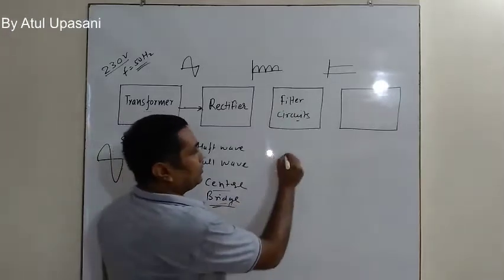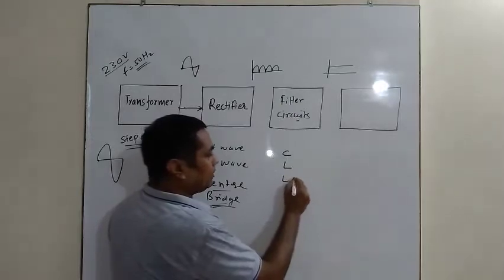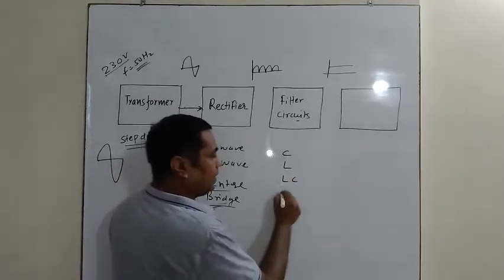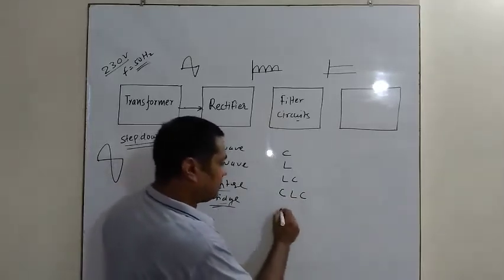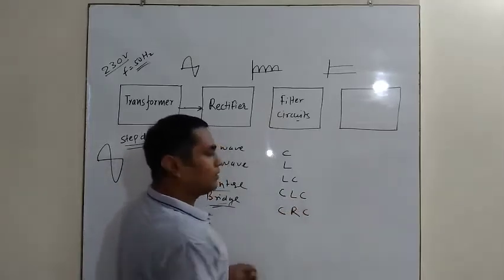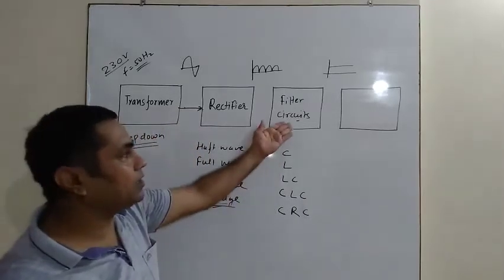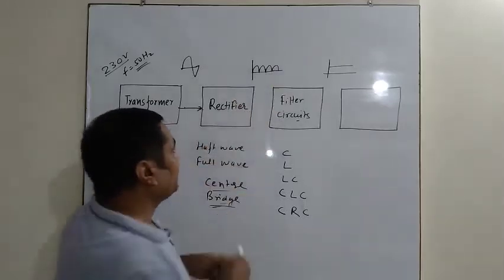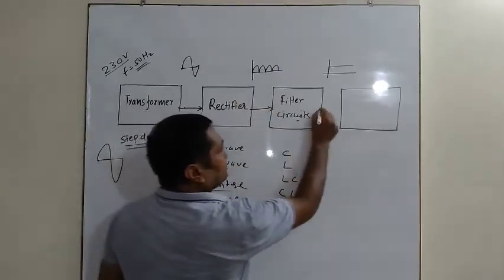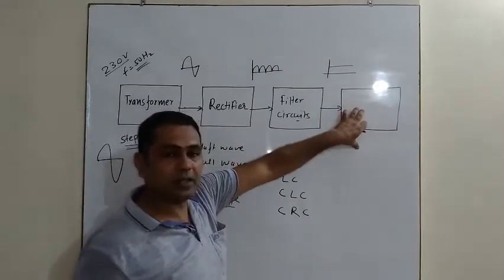The types are capacitor filter, inductor filter, inductor capacitor filter, capacitor inductor capacitor filter, and capacitor resistor capacitor filter. These are the 5 types of filter circuits used to remove the ripple.